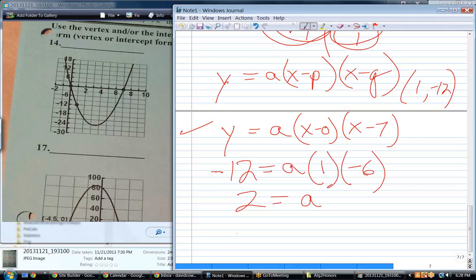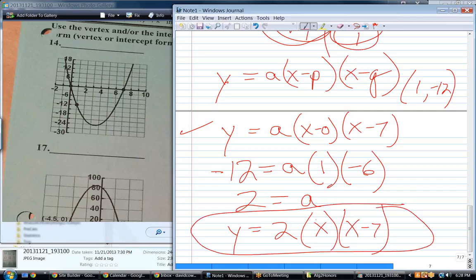Now I can go back and write the specific equation for this parabola. I don't need to put minus 0. And then you can either leave it like that or put it in standard form if you wish.